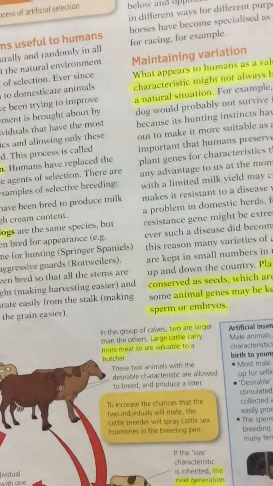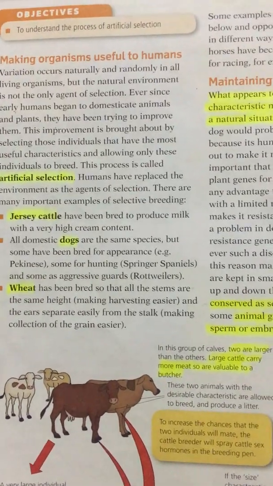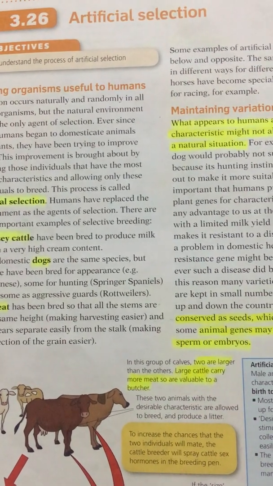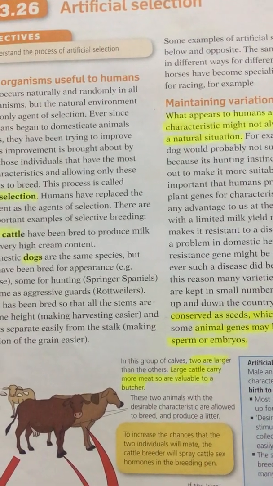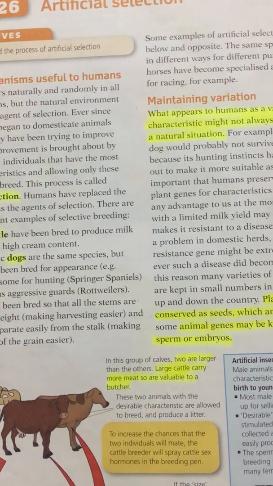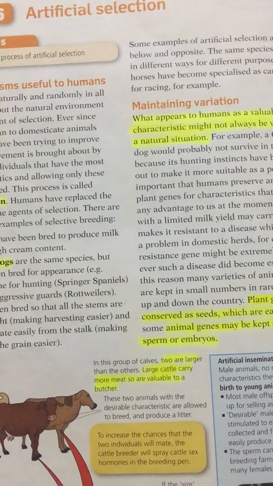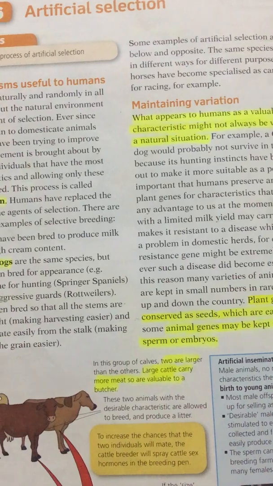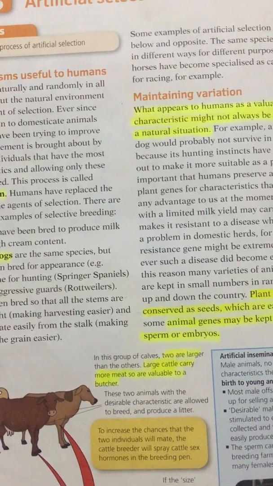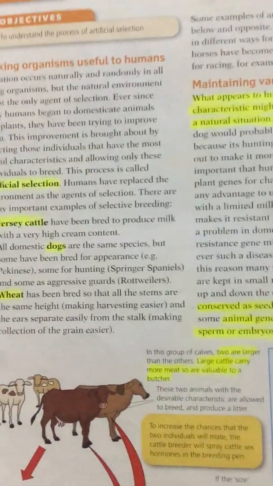For example, if we have a particular characteristic that is very important, we can develop it in plants or animals by choosing which ones will reproduce together. So the new offspring will have this characteristic.